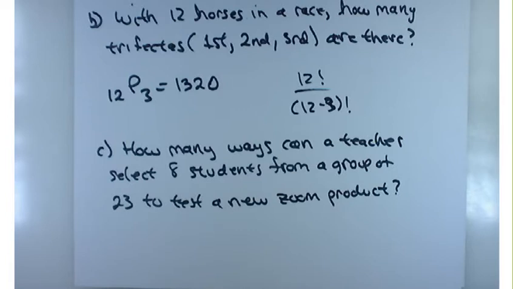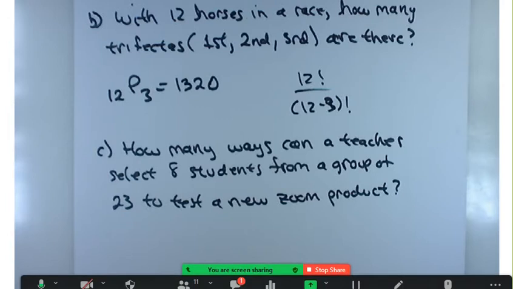We're not saying, how many ways are there to arrange 23 students? That's not what we're doing. We're picking a subset out of those. So the question is, does order matter or does order not matter? On the chat, let me see some answers. Are we using permutations or combinations?